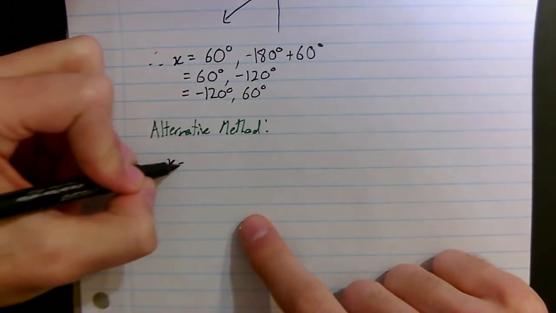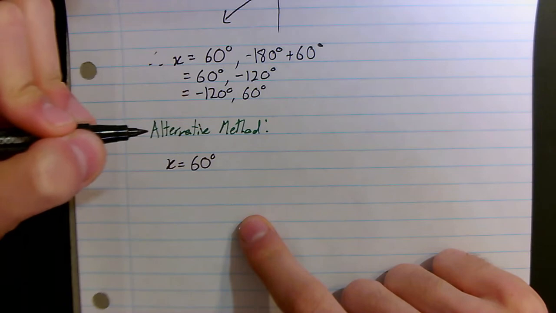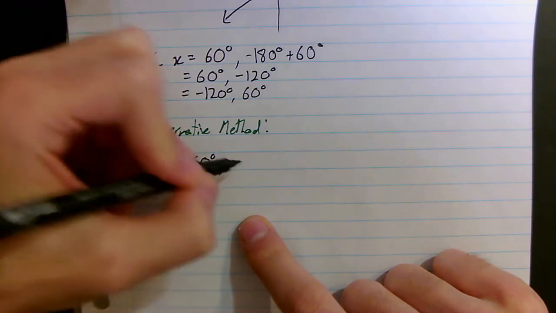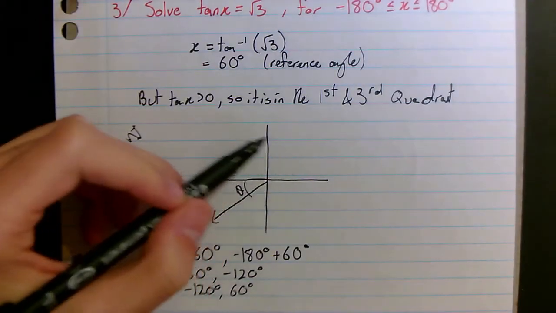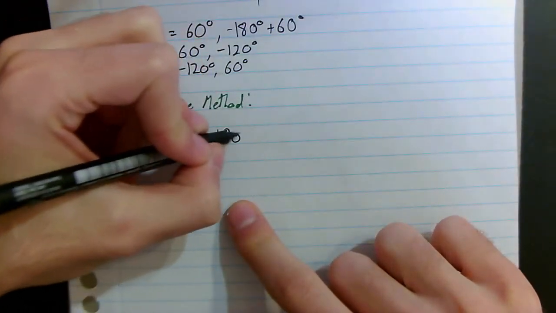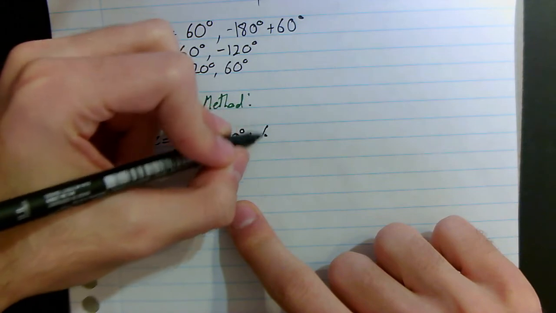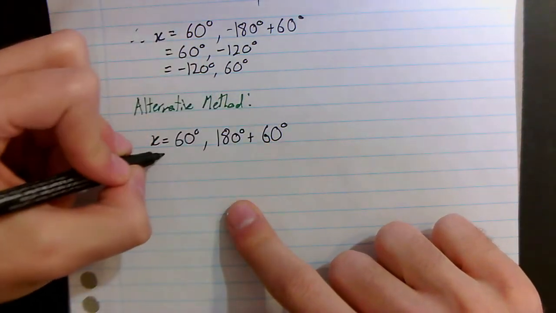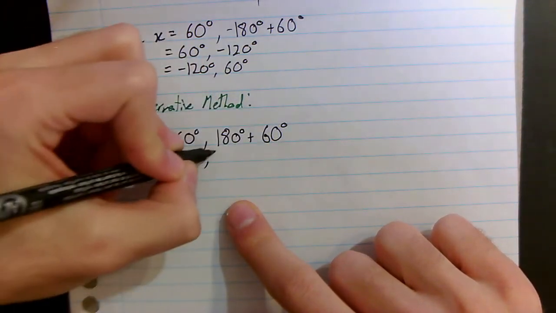Okay, and we should know how they're defined in their most basic form. So 60 degrees for the first quadrant, and in the third quadrant, remember, it's 180 plus theta. So 180 degrees plus 60 degrees, that's equal to 60 degrees and 240 degrees.